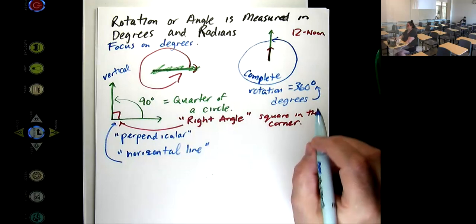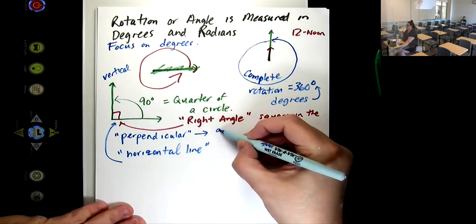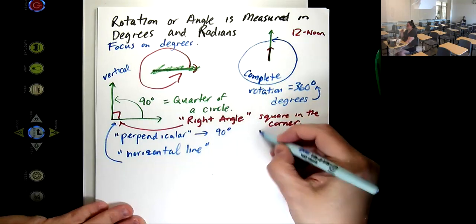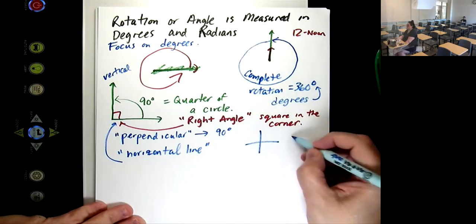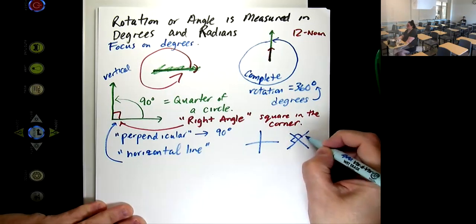So what's called perpendicular? Perpendicular is when they make a 90-degree angle. They make a cross. It doesn't have to be like that. It could be like this. But each corner is a right angle.